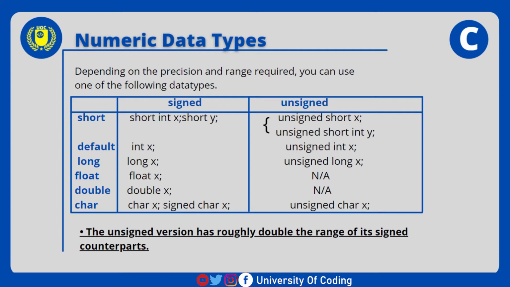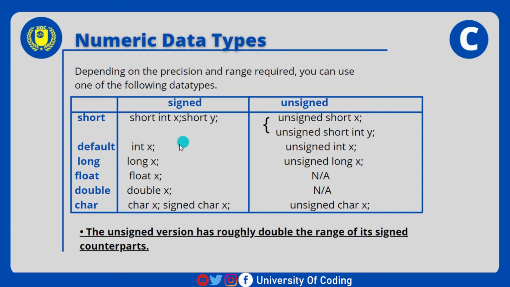If it is signed, then it goes 0 to minus 32,768 in the negative axis, and in the positive axis it goes 0 to 32,767. That is about signed. When you declare the same variable as unsigned, then it starts from 0 and goes all the way up to 65,535, double the positive values of the previous one, right?